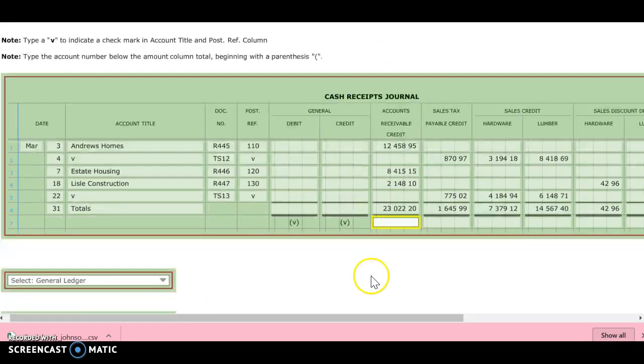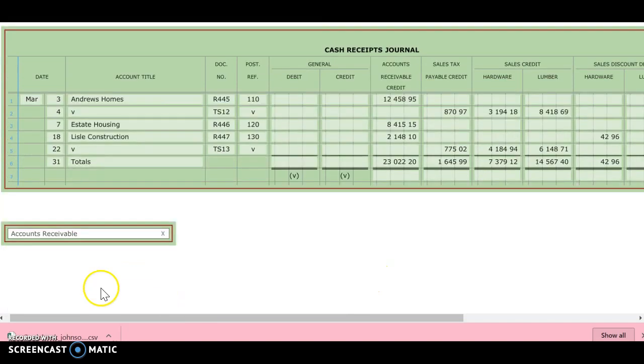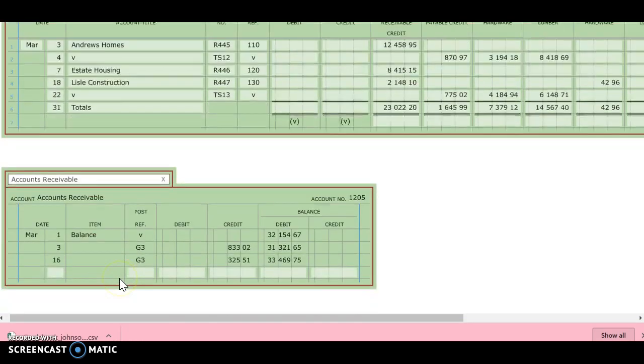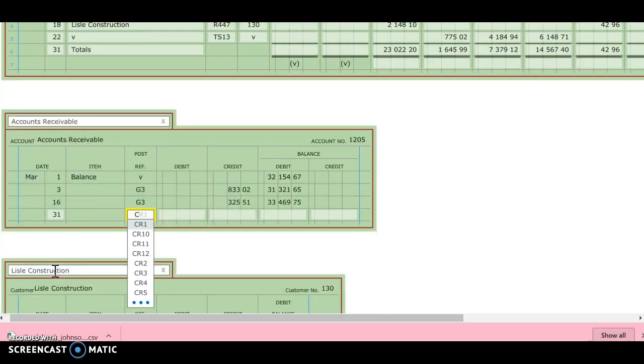So I'm going to start with my accounts receivable credit. Here's my general ledger, accounts receivable. The date is the 31st. I'm on CR5 still. And I'm going to be crediting that account for $23,022.20.